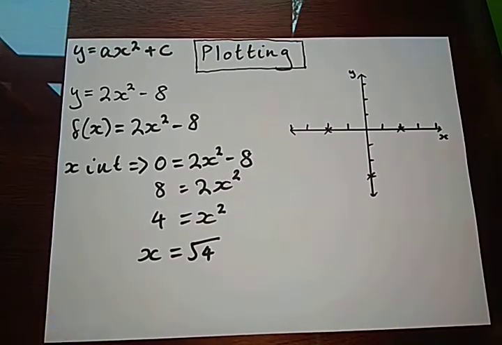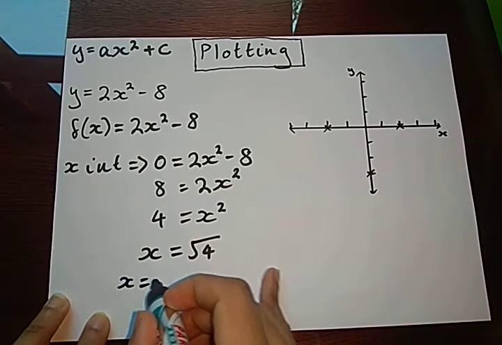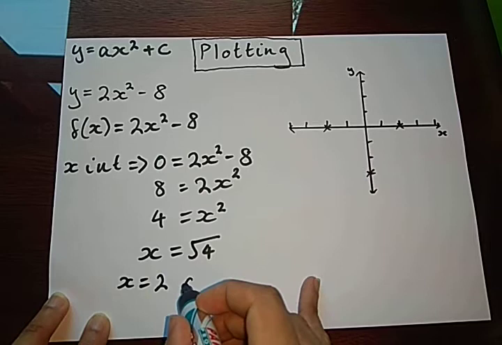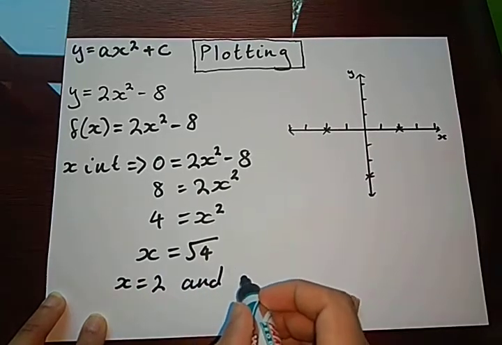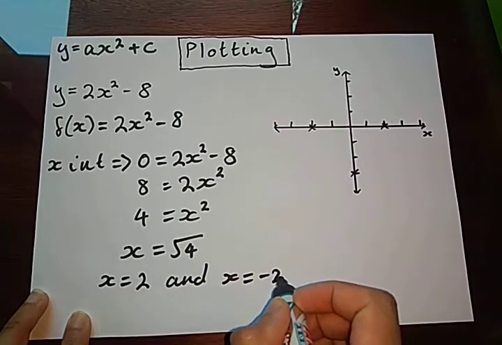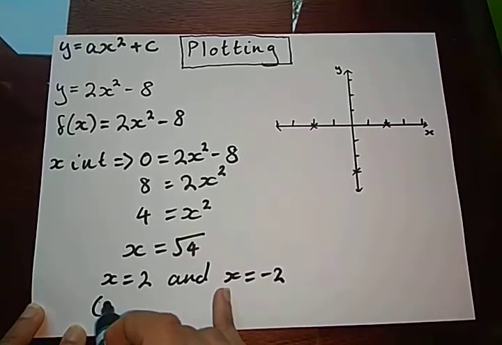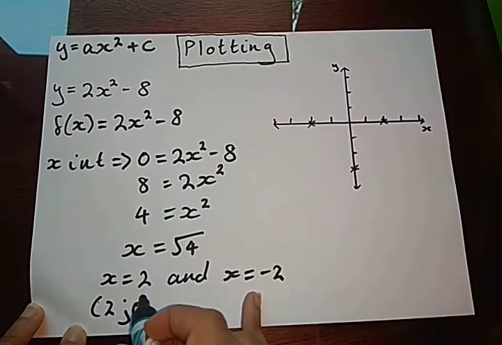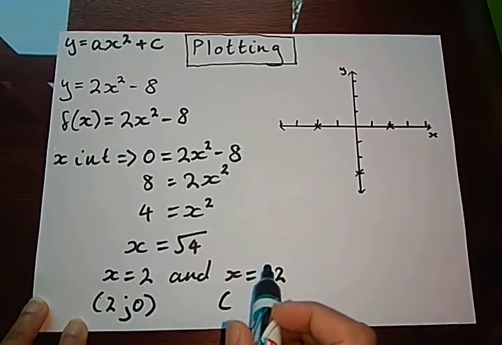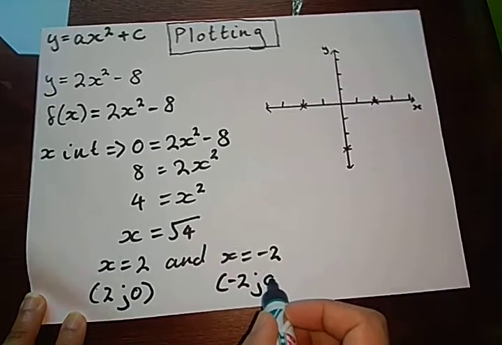The square root of 4 is 2 and negative 2. Therefore x is equal to 2 and x is equal to negative 2. And this will produce the coordinates 2 and 0 and negative 2 and 0.